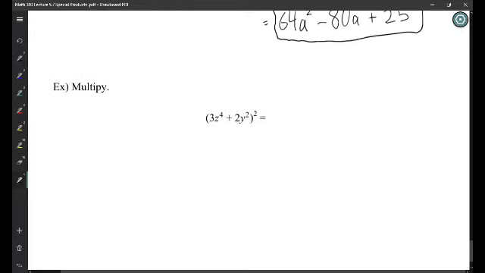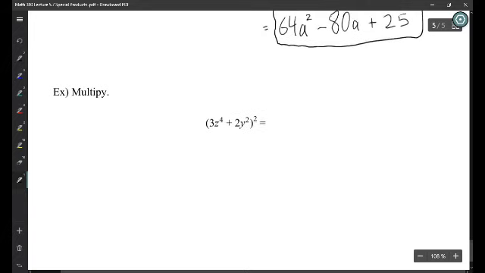Lastly, we see a square of a sum of two terms. So we get the first term squared, and plus 2 times the first term times the second term. So 3z to the fourth, 2y squared.